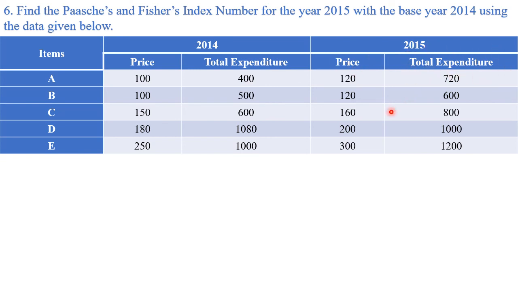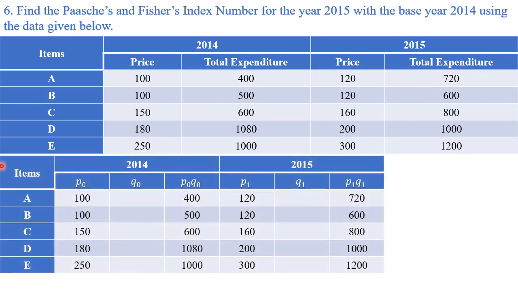So we don't have quantity, but if we want to calculate quantity, we can divide this total expenditure by price and we get the quantity of the base year. Similarly, if we divide this total expenditure by this price, we get the quantity of the current year. Let's draw another table. Items A, B, C, D, E. This time I have written the symbols for basic understanding.